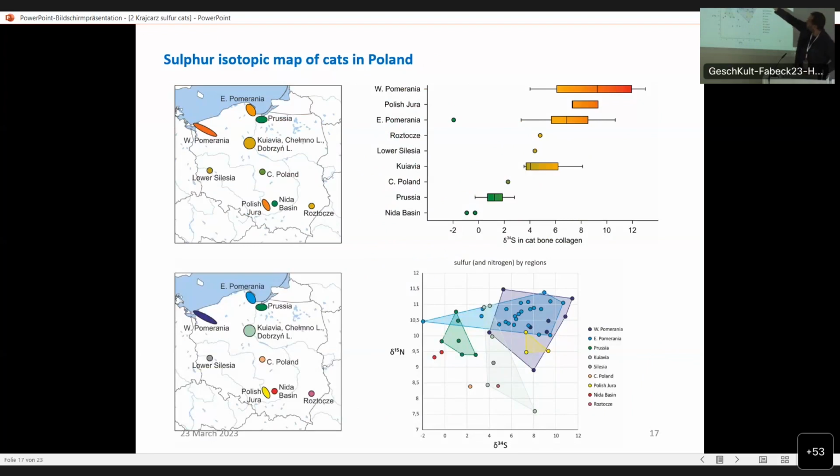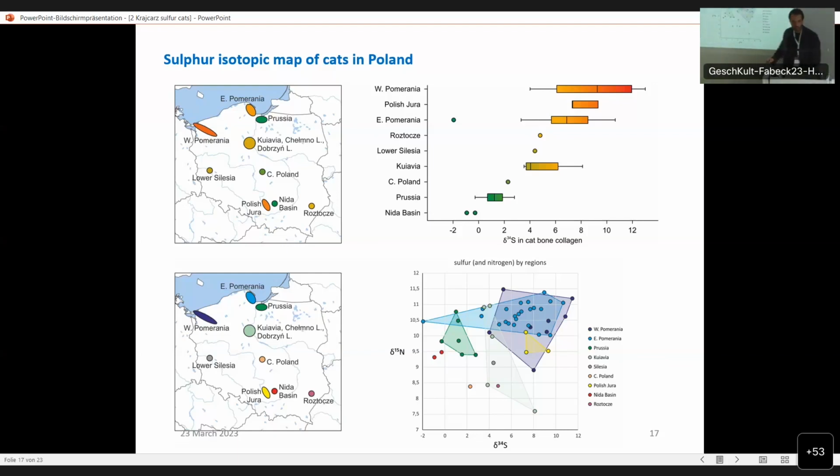In East Pomerania, where Gdańsk is, and in West Pomerania, we can see high sulfur values because it is a coastal area, so it's expected. But in Western Prussia, which is also very close to the coast, we have very low sulfur values.